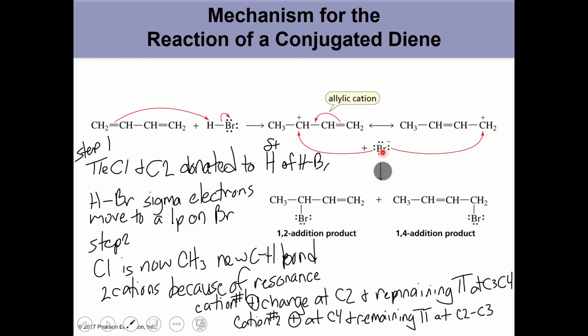The nucleophile for the second step, bromide ion, will bond at carbon 2 for the cations with the positive charge on carbon 2, and it will bond at carbon 4 when the positive charge is at carbon 4. And this gives us our two products, the 1,2 addition product and the 1,4 addition product.